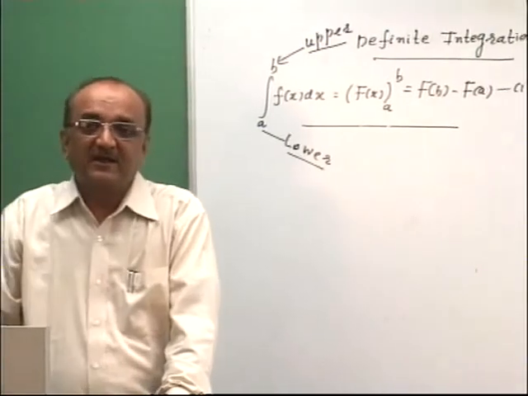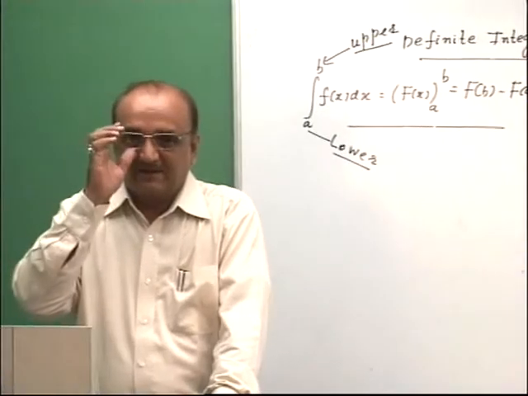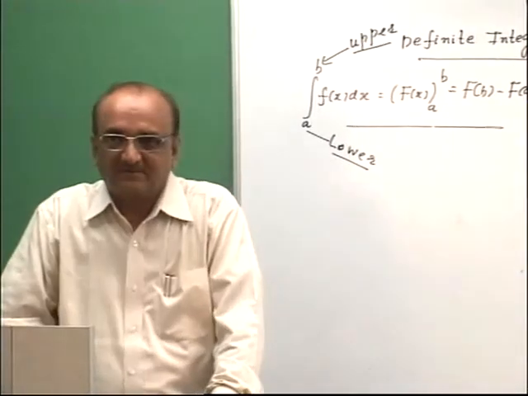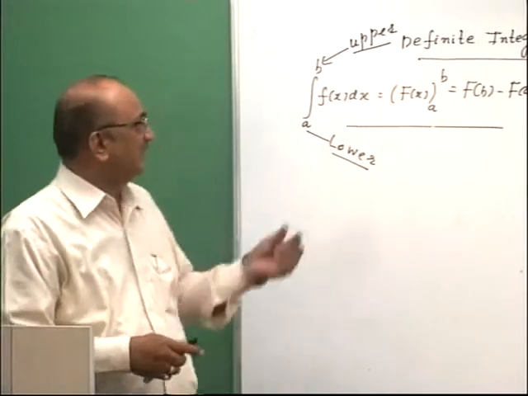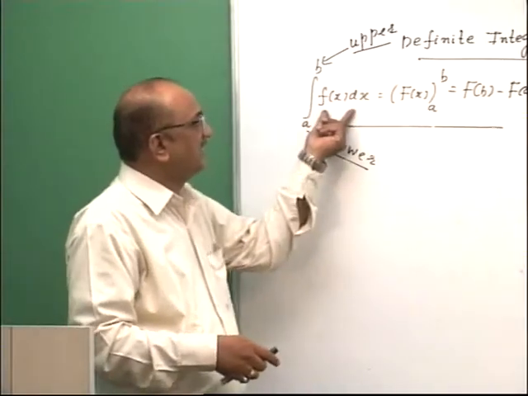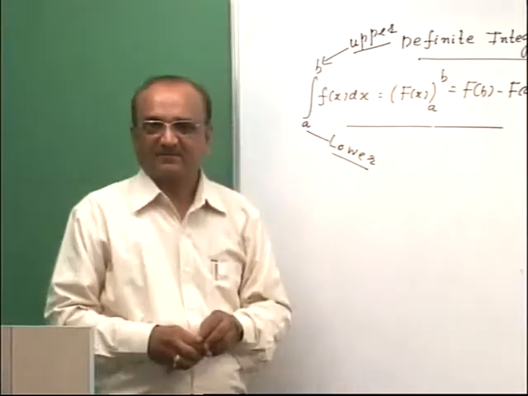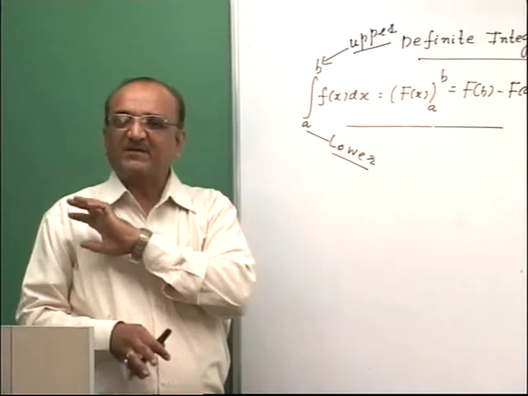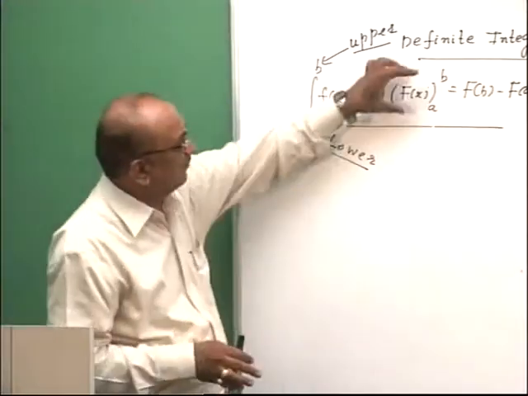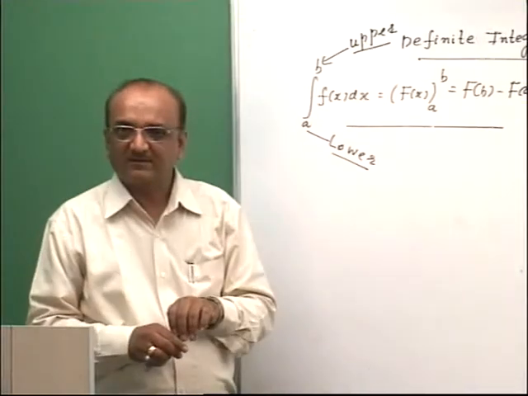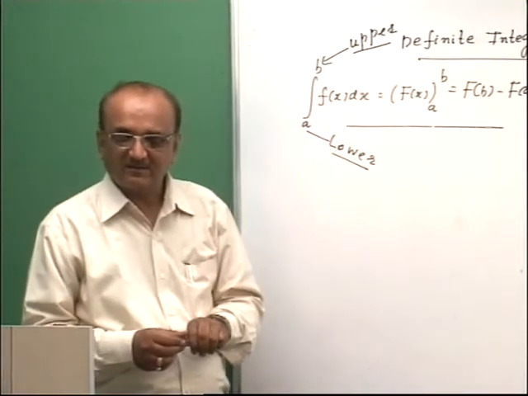Definition of the definite integral. You may write the direct statement this way: integration a to b f(x) dx is equal to F(b) minus F(a). The examples are very easy, but you have to concentrate on the limits. Clear?